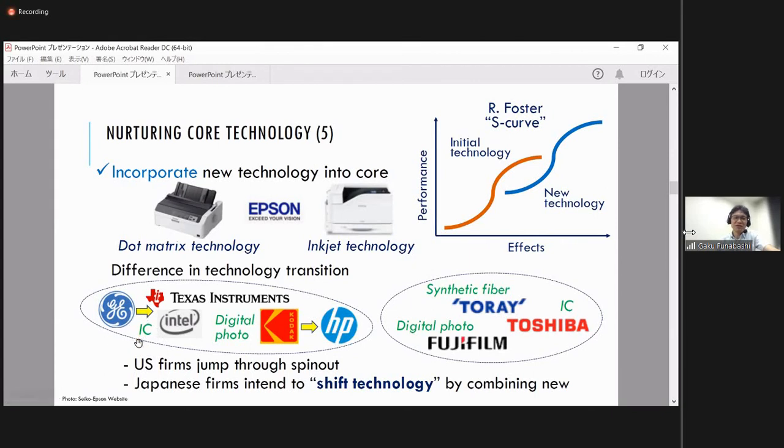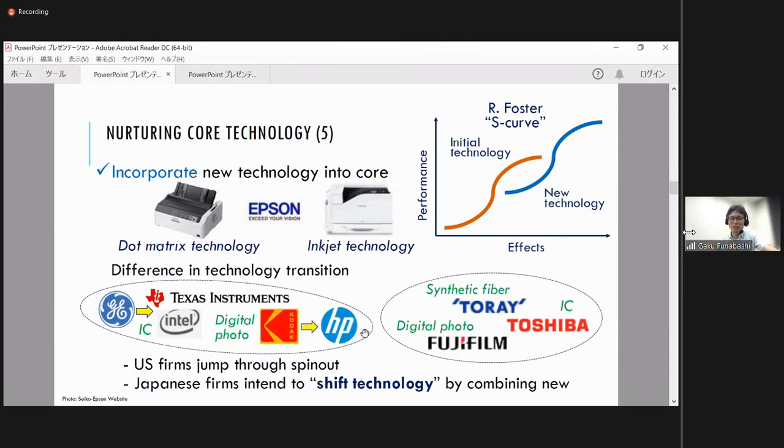For integrated circuits, first GE was a major player, then Texas Instruments, and now it's Intel. The major player changed. It is the same for digital imaging technology. Before, when camera film was the major product for photos, Kodak was the major company. Now, it's HP, for document imaging.